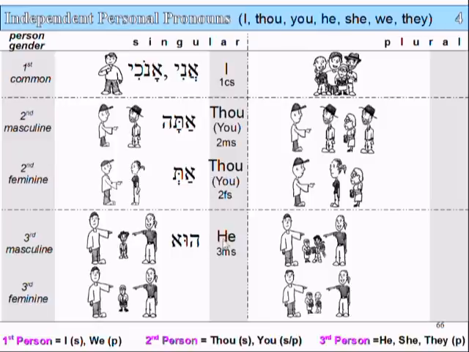So he, in English, this person here, we're talking to somebody about him. So this man could be talking to this lady about this man over here. So in English we'd say he.